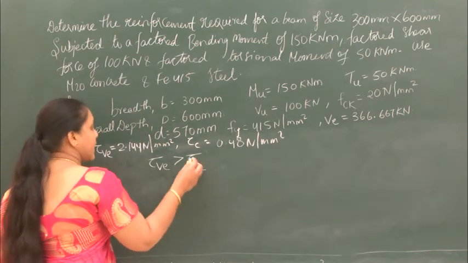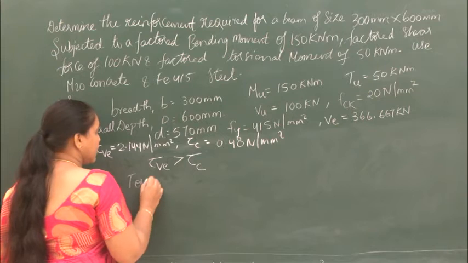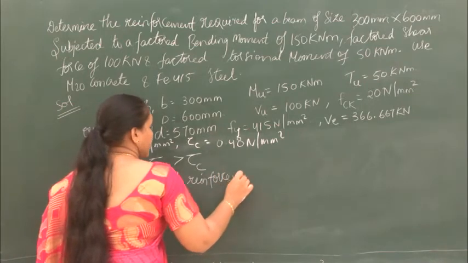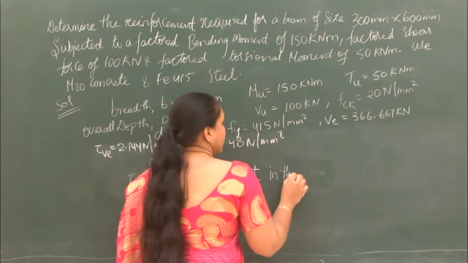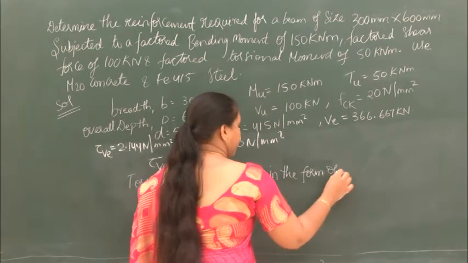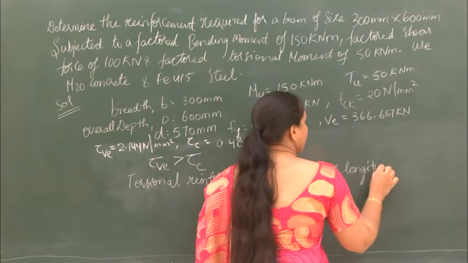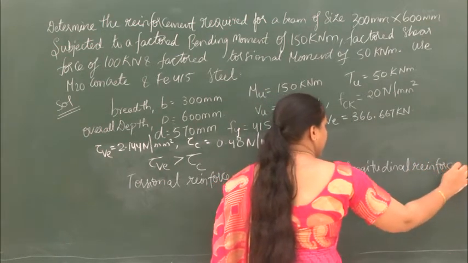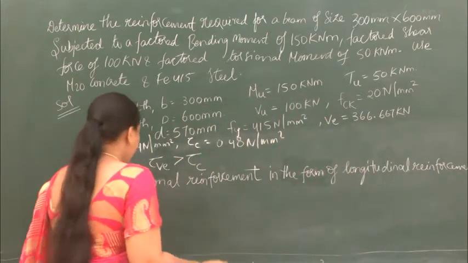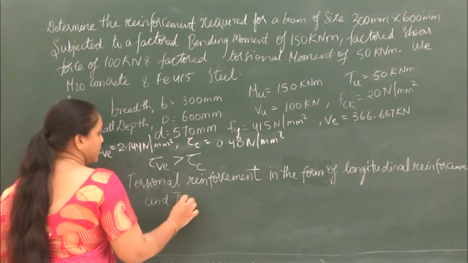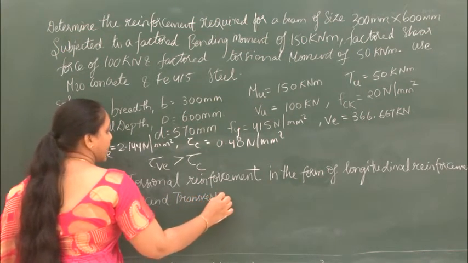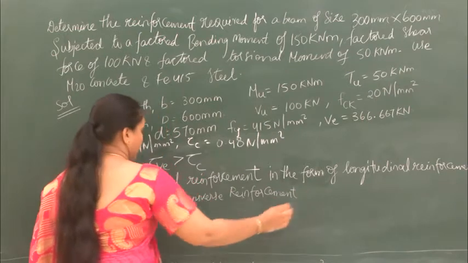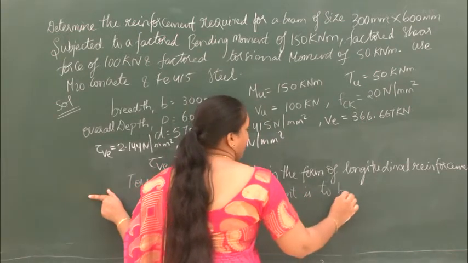So if tau E is greater than tau C, then the torsional reinforcement, in the form of longitudinal reinforcement and transverse reinforcement, is to be provided.